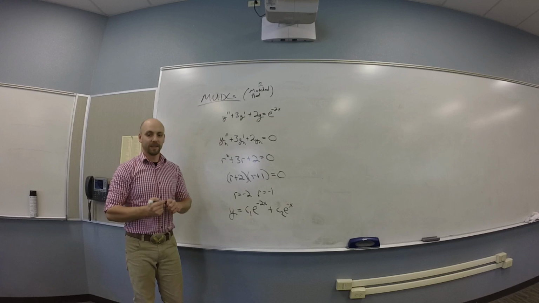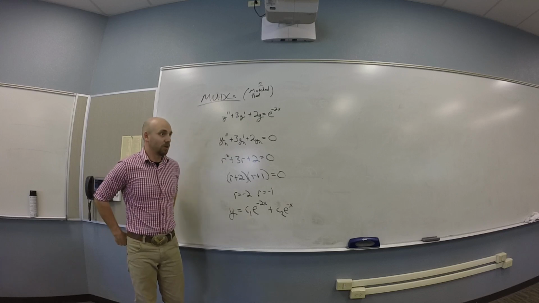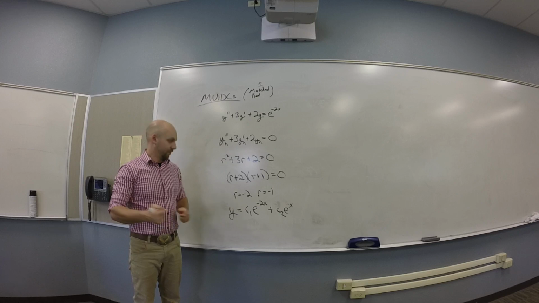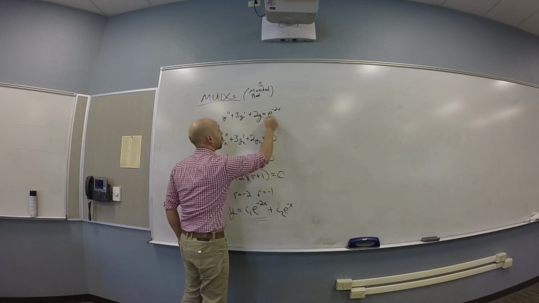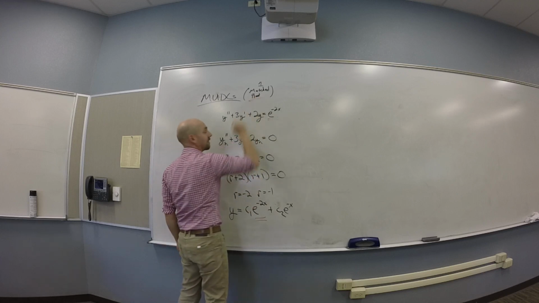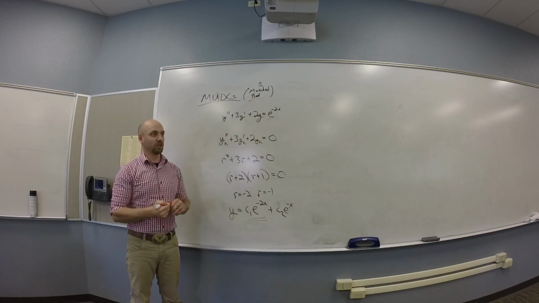Okay, and then you note the thing that makes this annoying, which is that e to the -2x. That is the matched roots thing. That's what I meant by matched roots.